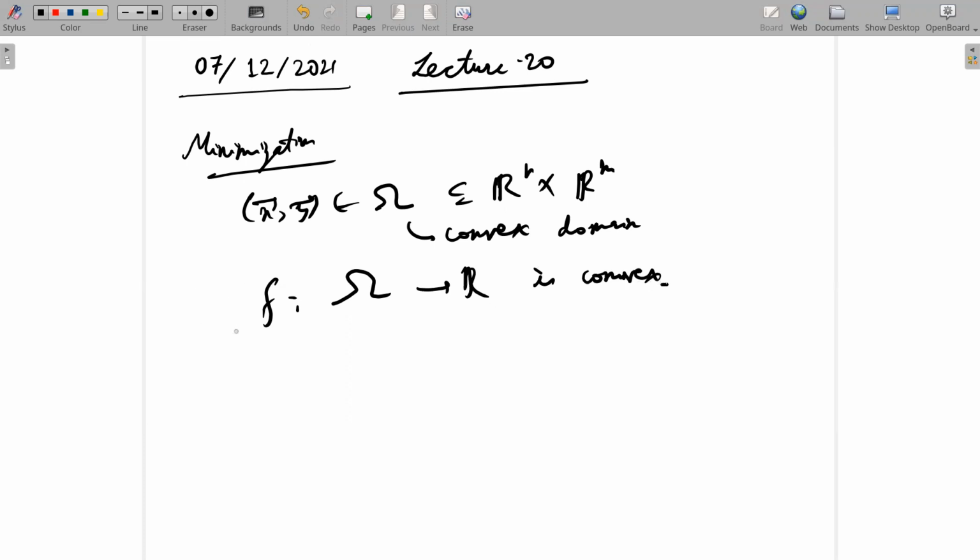Starting with this function, we can build new convex functions by some sort of projecting down.